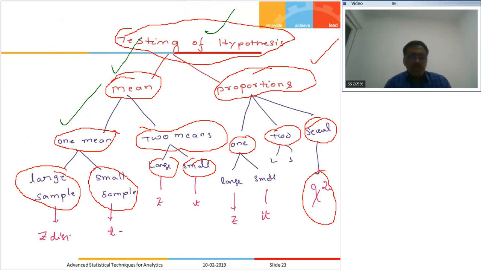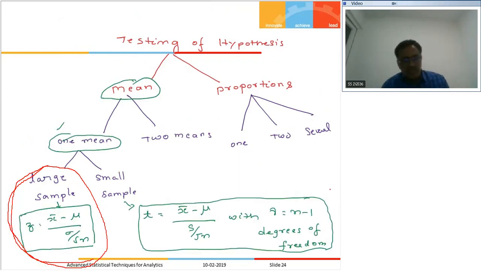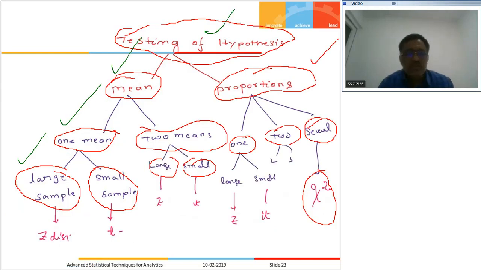If one mean, immediately we see what distribution we have to use. Then we see large sample or small sample. So large sample. If large sample, then this is the one we have to use. Like this, we have to do the testing of hypothesis. This is an overview of the process. Then we'll see some problems.